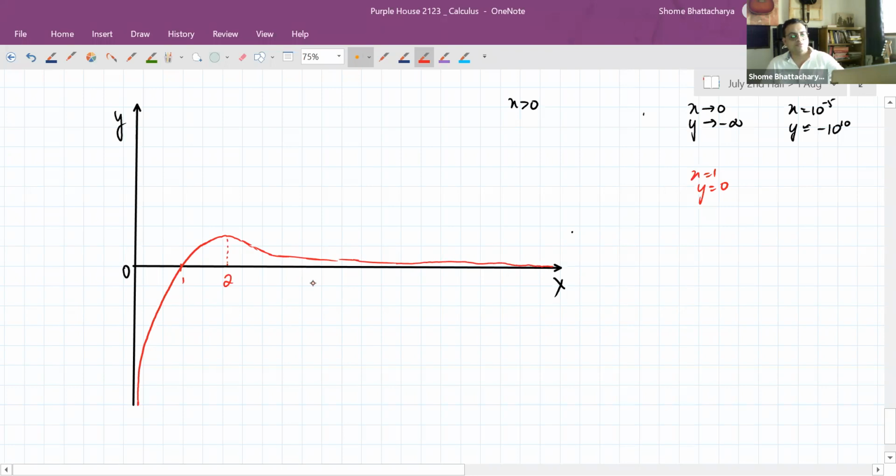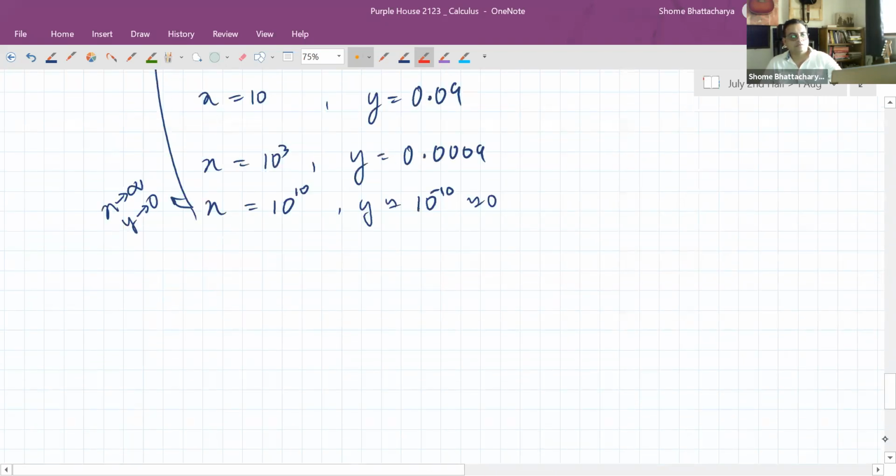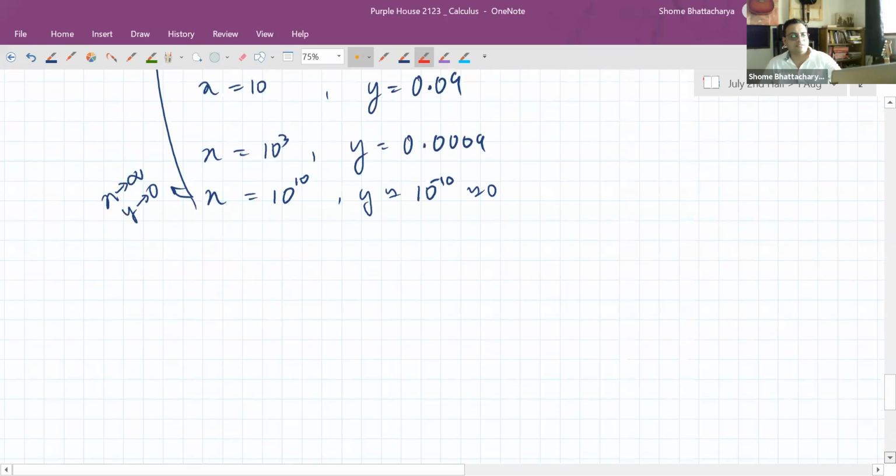If I draw the graph more accurately, like a very smooth curve, which I'll struggle to do here, I should get something that is coming very close to the x-axis, so that by the time x tends to infinity, y tends to 0. When x was 10 raised power 10, y was tending to 10 raised power minus 10.